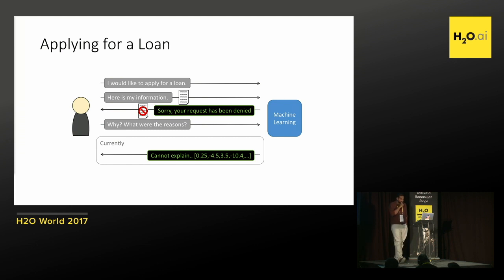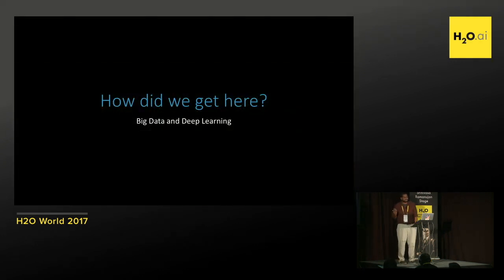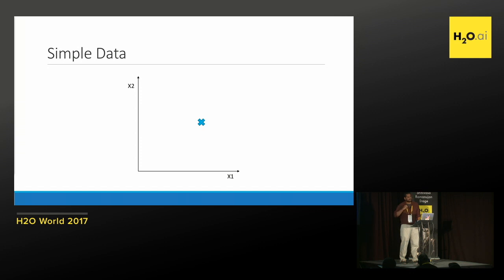So a natural question is, how did we end up getting here? I'm going to give a real quick walkthrough of why machine learning is the way it is right now. Initially, machine learning was something that was working on very simple data. In this case, let's assume there were only 2 dimensions. And so you would need to classify a point in 2 dimensions.